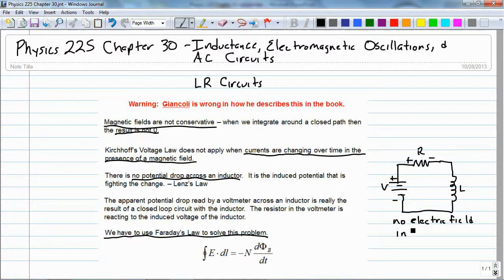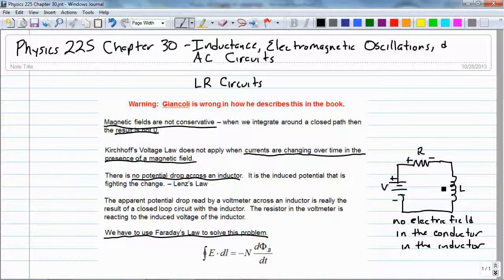And the inductor is a conductor. Sounds kind of crazy, but we can't have an electric field inside the conductor.